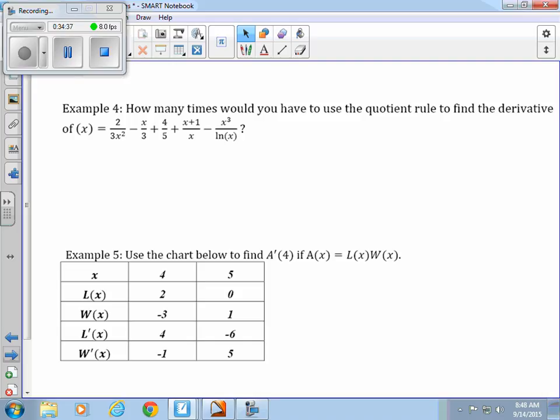He wants us to look at it actually trying to do it. I just want to know how many times. I don't want you to actually do it. I want you to answer the question.